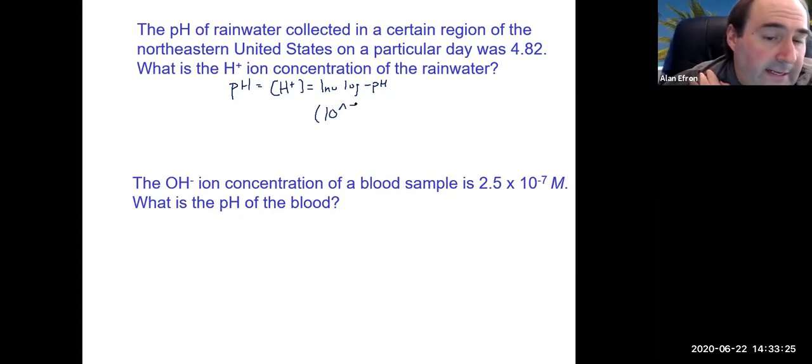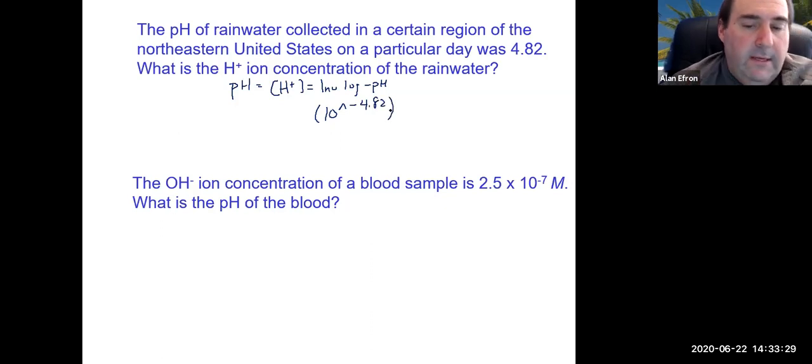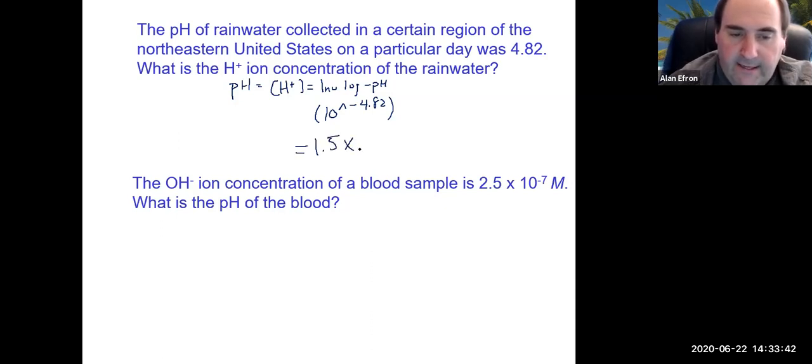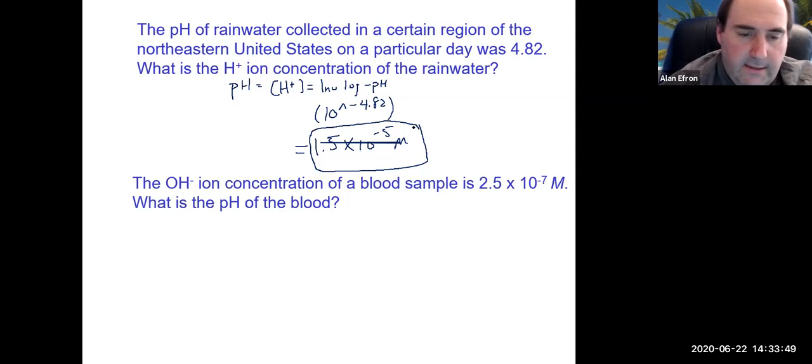And again, you want to make sure you make it negative, not your subtract button, 4.82. If you do that, it looks like you will end up with 1.5 times 10 to the minus 5 molar in terms of the concentration.